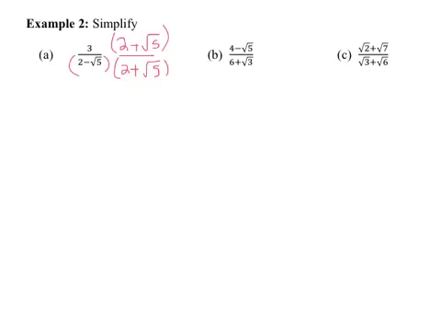When you have an irrational binomial denominator, meaning there's a radical and it's a binomial, multiply by the binomial conjugate over itself, meaning 2 plus root 5 over 2 plus root 5. So a binomial conjugate is just the opposite sign in the middle.